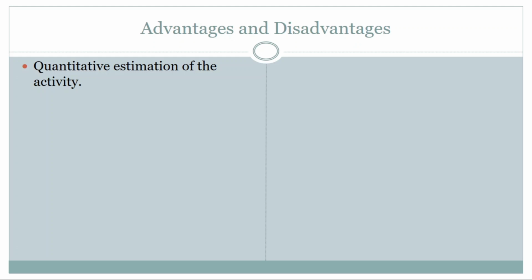Meanwhile, in QSAR, you can get a quantitative estimation of the activity, which is highly desirable. It's much more helpful. And then, given that QSAR is a ligand-based method, it does not require a 3D crystal structure of the target. So in cases where the structure of the target is not present and we cannot use structure-based methods, we can use QSAR modeling.